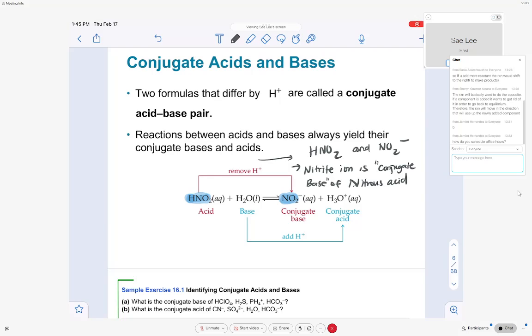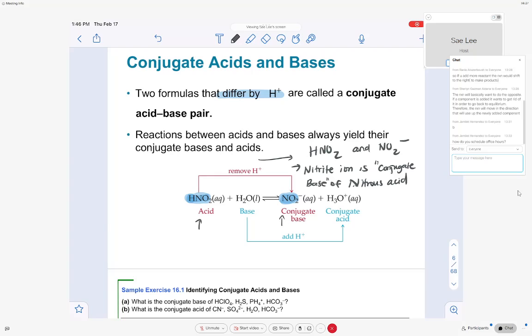So the conjugate base of this acid is going to be nitrite ion. Conjugate acid-base pairs differ by presence or absence of a proton. Okay? Differ by a proton. So these two are the conjugate acid-base pair.